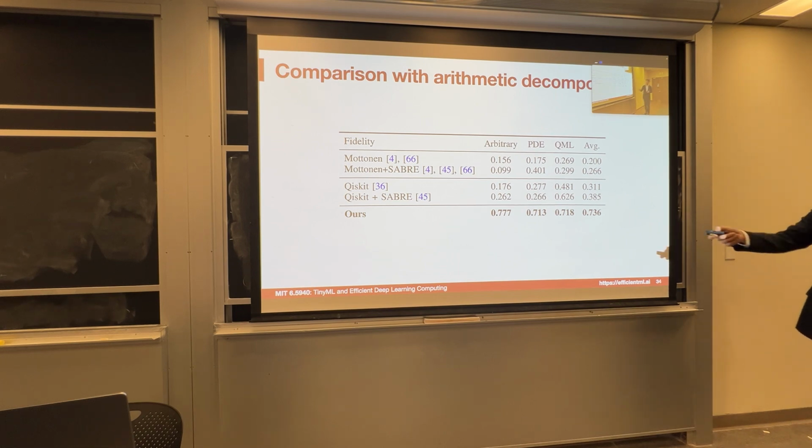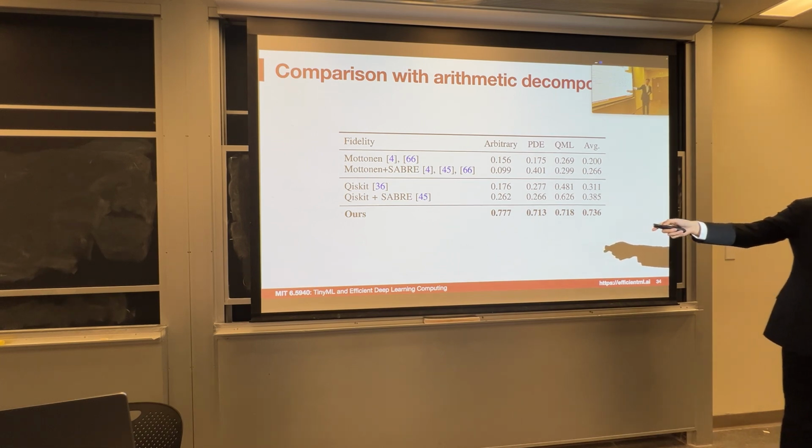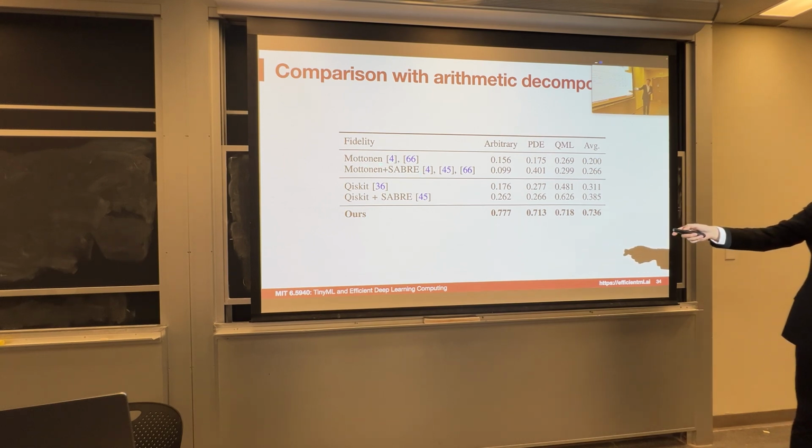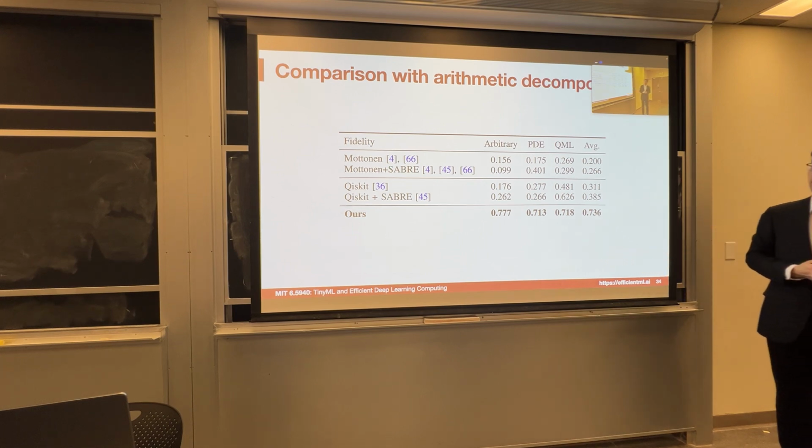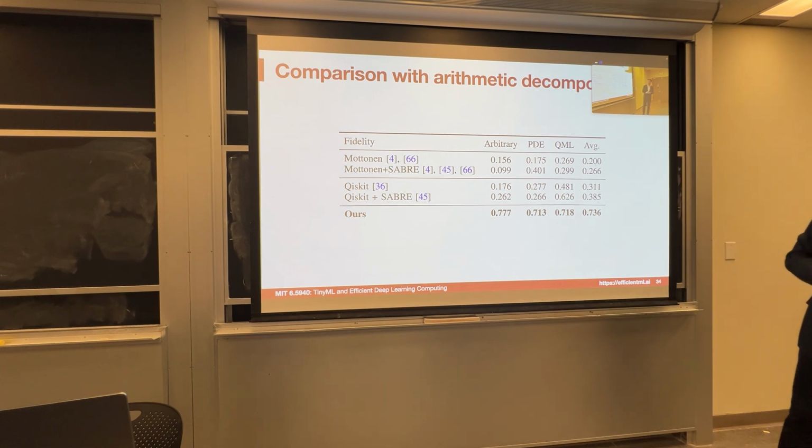And also we want to compare with the arithmetic decomposition method, and also coupled with the SABRE. The SABRE was introduced in the first lecture, where we do the forward mapping and reverse mapping, right? So that's the default mapping method for the current Qiskit framework.